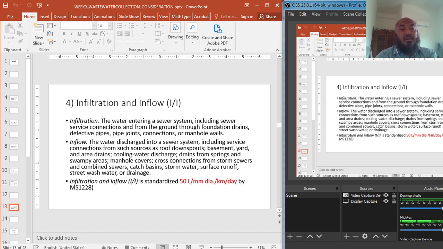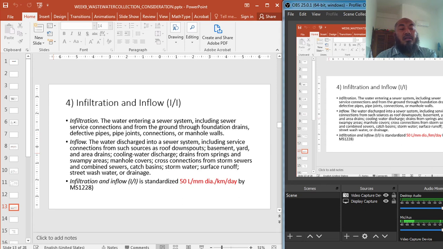Infiltration is water entering the sewer system, including the sewer service connection and from the ground through foundation drain, defective pipe like crack, pipe joint, connection, and manhole wall. These are the components for the infiltration.